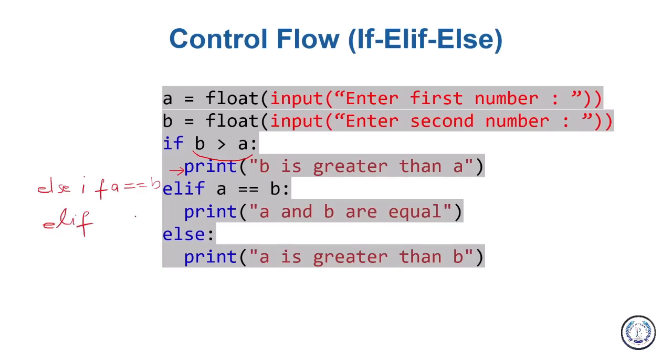We can have one more check, we can have several checks, and then else. Else will only execute if all the if conditions or else if parts on top, their conditions, are false, and only then else will be executed. So let's see these else if running on Jupyter Notebook.